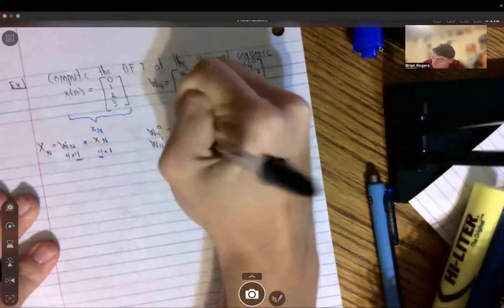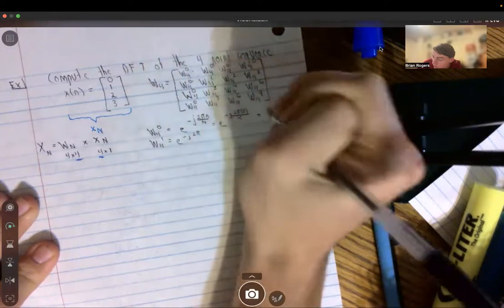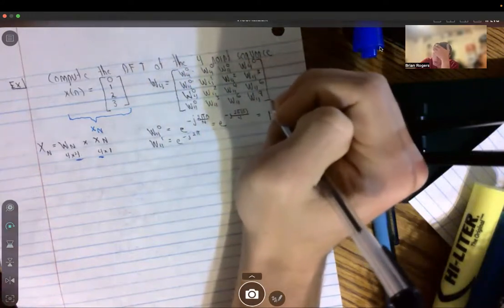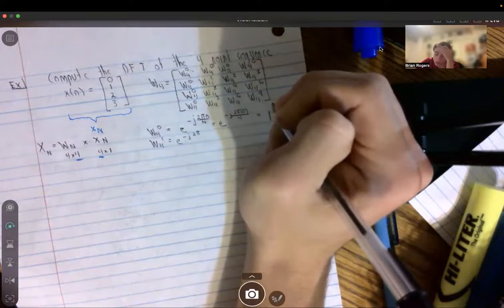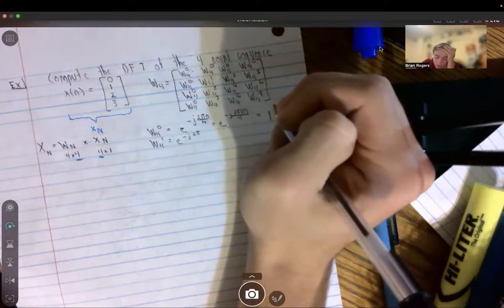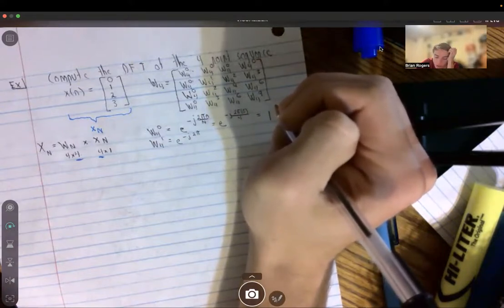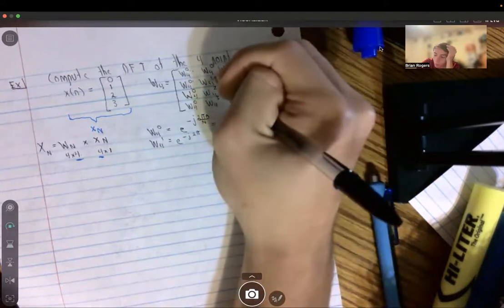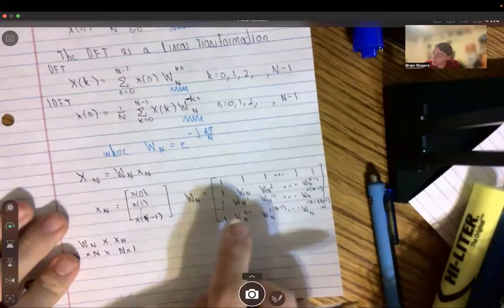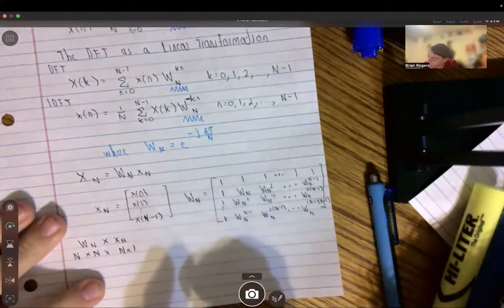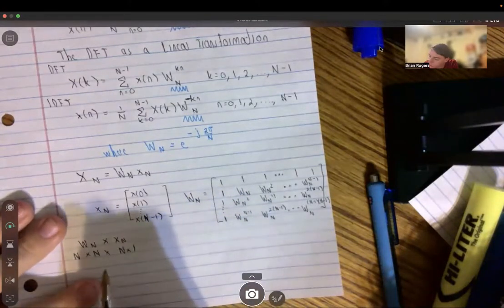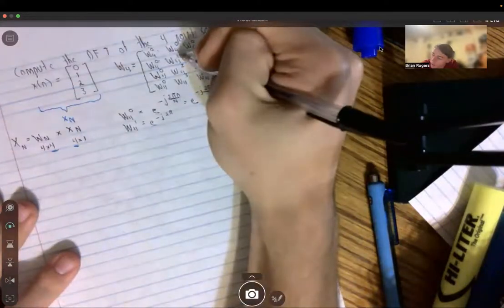For the next one, when we have W4 to the power 1, it's going to be e to the negative j 2 pi. For our lowercase n, what should we plug in? It's going to be 1 here, because the n is given by the number up here.